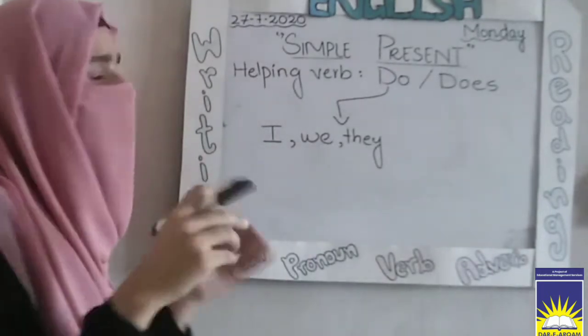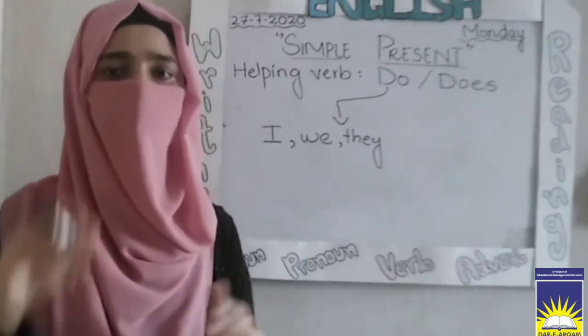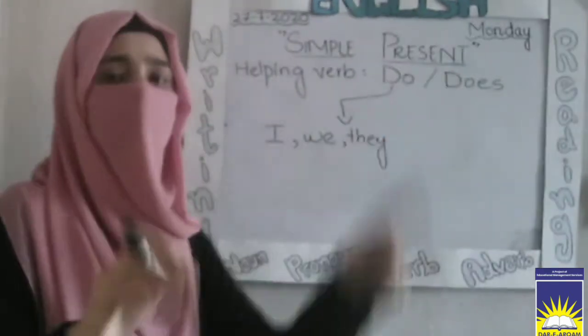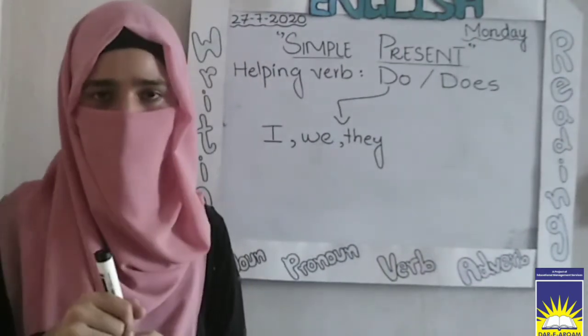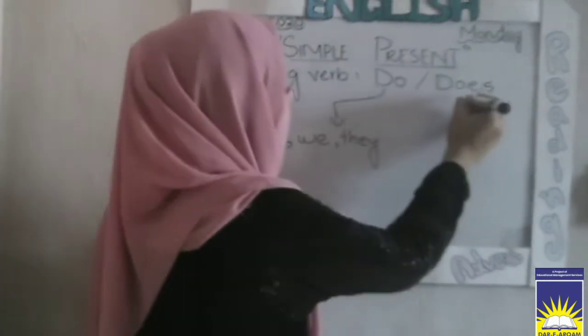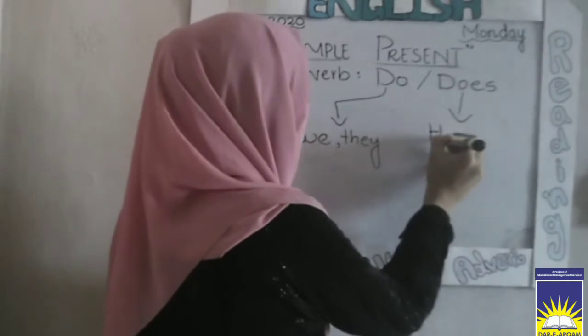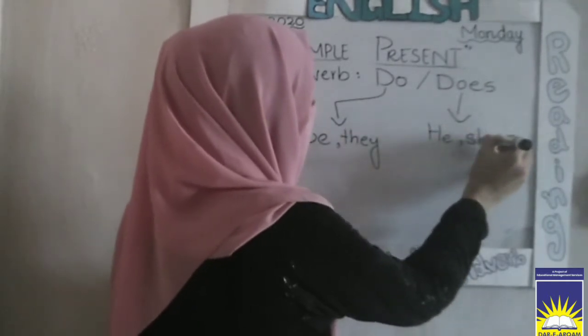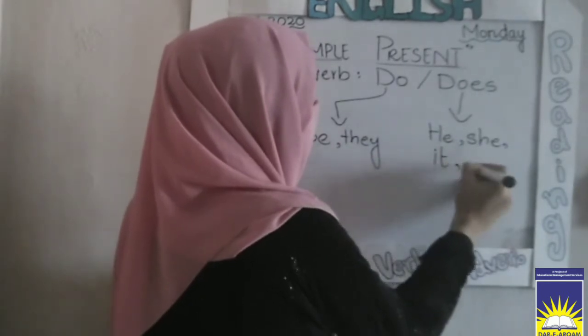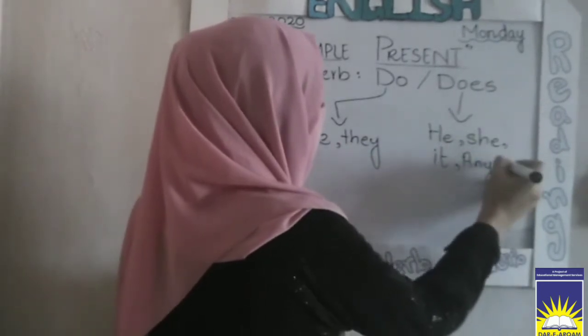So similarly, when we are making any negative sentence or interrogative sentence, we write does when we talk about any third person. I am writing here the subject with which we use does. He, she, it, or any third person singular name.